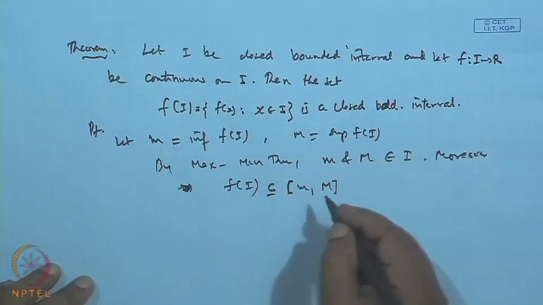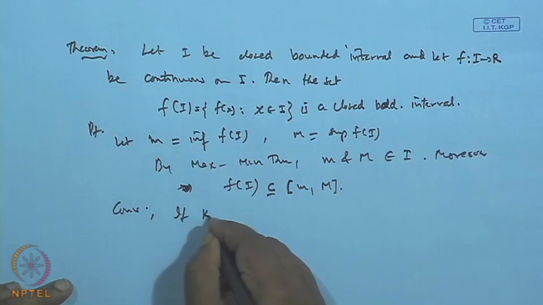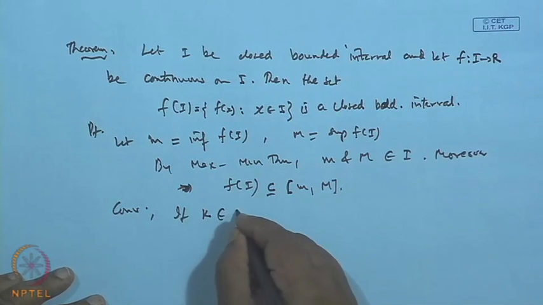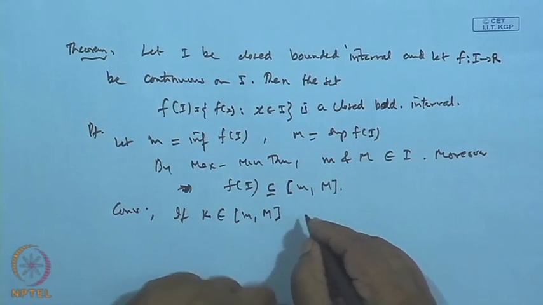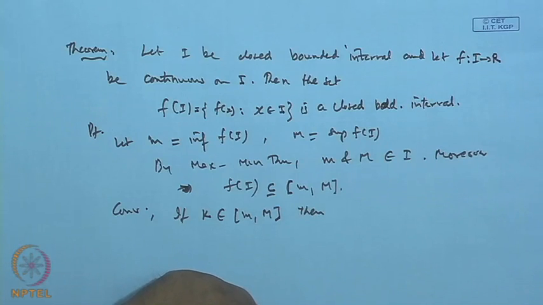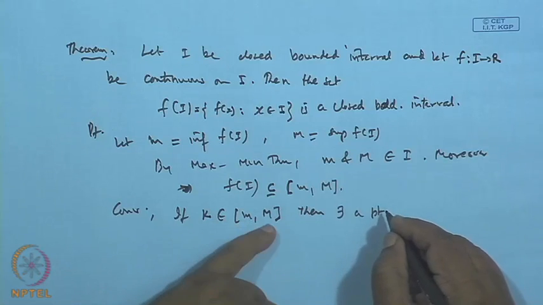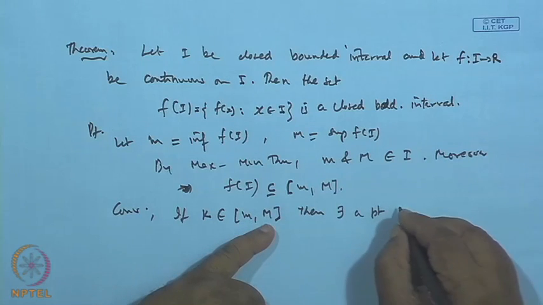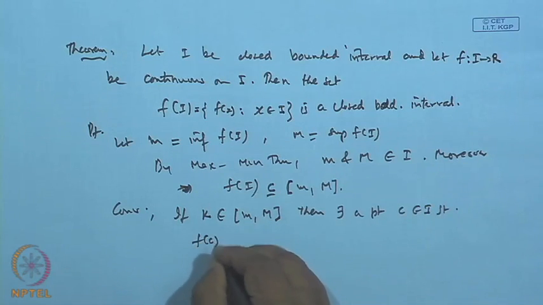Conversely, if k is any value in between m and capital M, then there exists a point C in I such that the value of the function at C coincides with k.